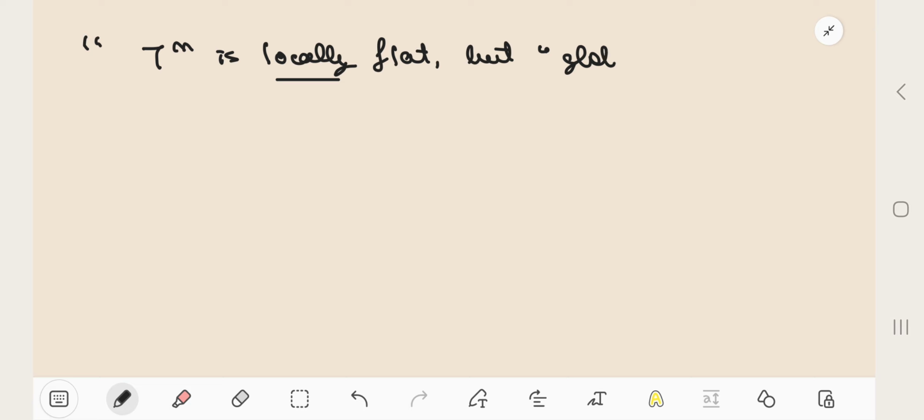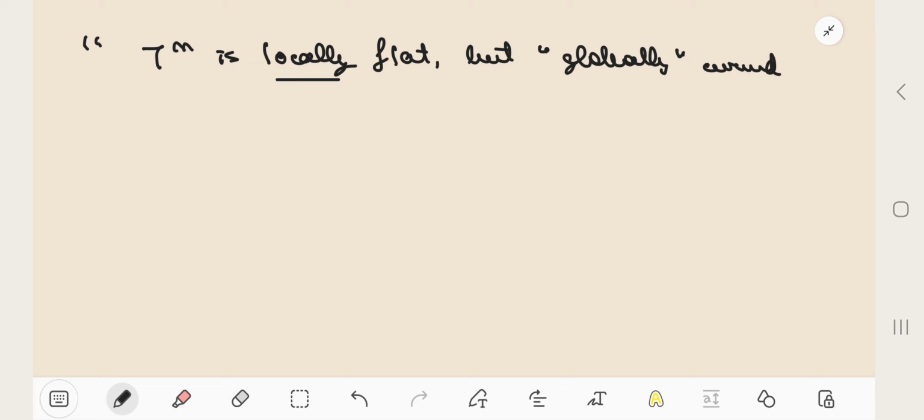In language, I can say that Tn is locally flat but globally curved, which is exactly what I wanted.